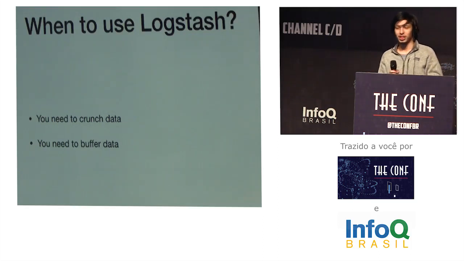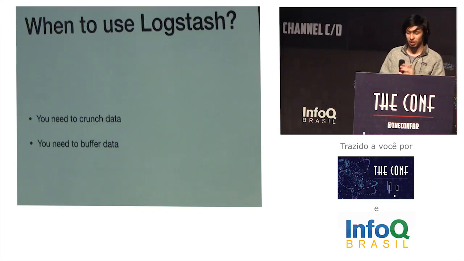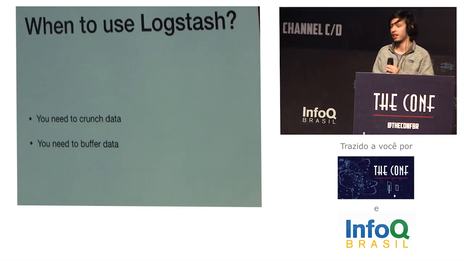You either need to crunch data, so you have this system journal, it's not JSON, you need to transform it into JSON, or in case you have so many logs that Elasticsearch can't ingest them in real time, you can use Logstash to buffer these logs and make sure you never lose anything, just because Elasticsearch wasn't able to handle the amount of data in real time.